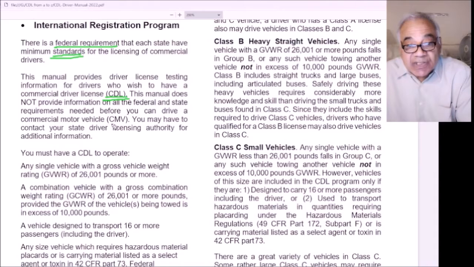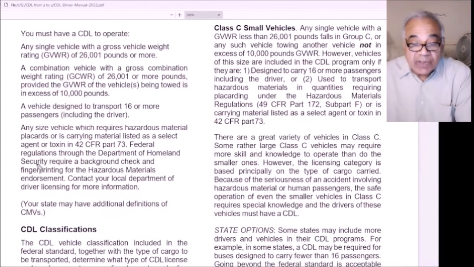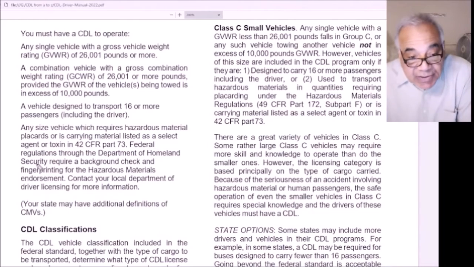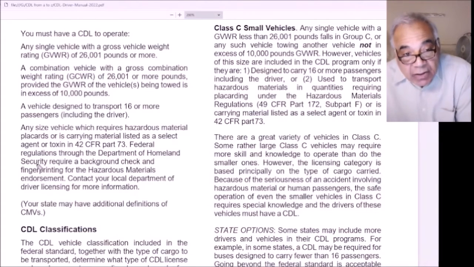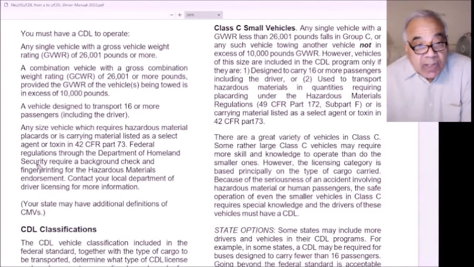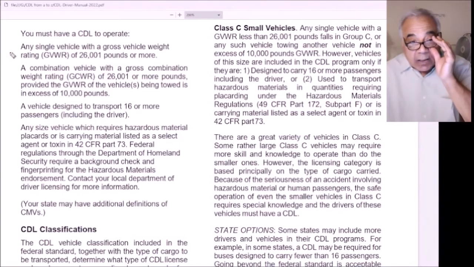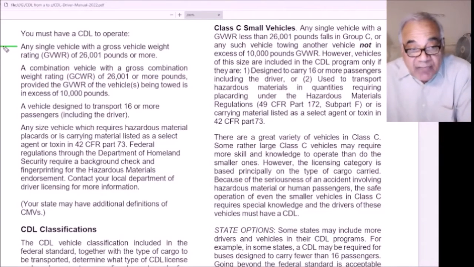Where do you get the CDL? You get it from the Commercial Motor Vehicle Department. When do you need a CDL, or what for? You must have a CDL to operate the following vehicles. You will notice now the weight and the combination will determine what kind of commercial driver license you will need.